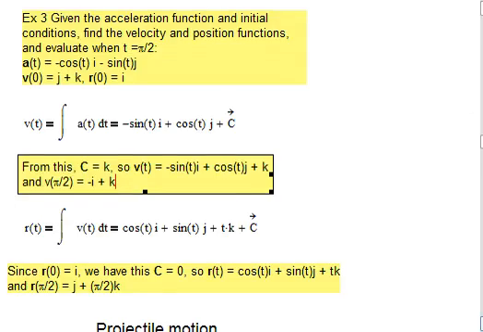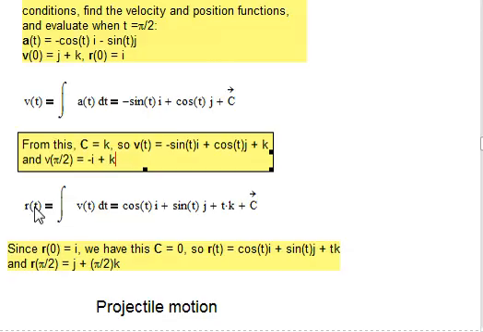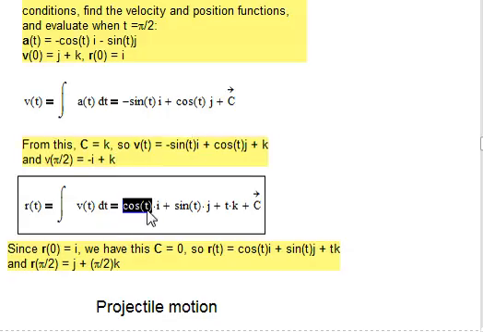And now, the position function, r of t, the one describing this point moving about in three-dimensional space. We know it's a velocity vector, so if we integrate it once, we will get this position vector. So integrating this vector, the integral of negative sine t is cosine t, i.